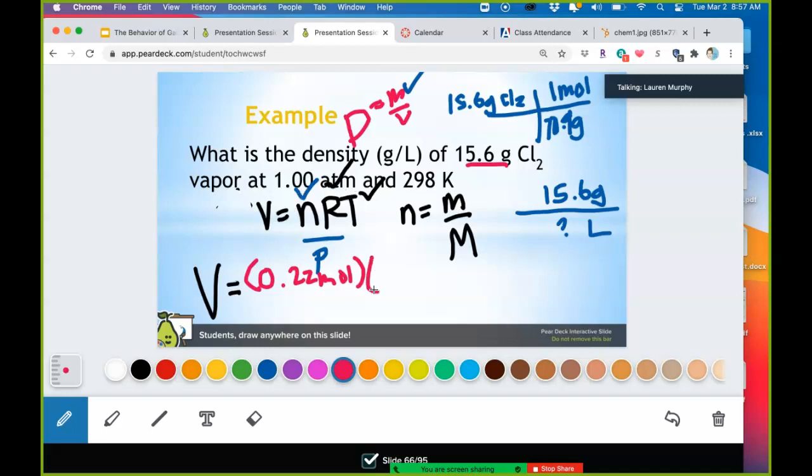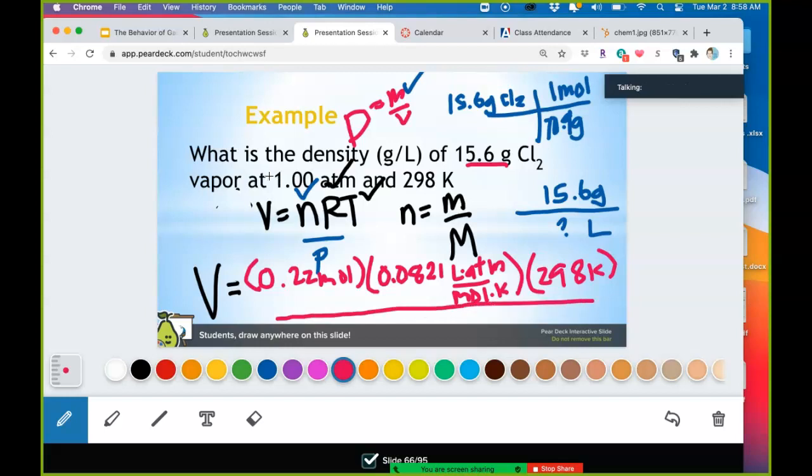And the R constant that goes with atmospheres, that you don't have to memorize, you just have to know how to use, is 0.082 liters times atmospheres over mole times Kelvin. T is temperature in Kelvin. Oh, they finally gave us one in Kelvin, so I can just plug that in. I don't have to do any converting. It's already in Kelvin. Awesome. Divided by pressure is 1, so that's kind of boring. It's not going to do anything to the number, but 1 atmosphere.